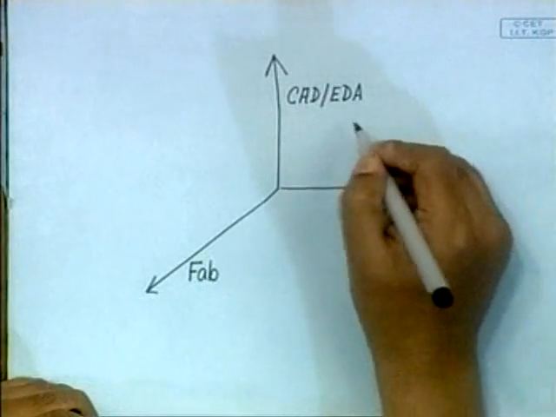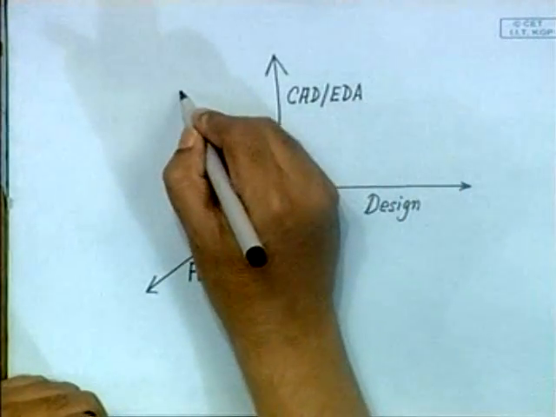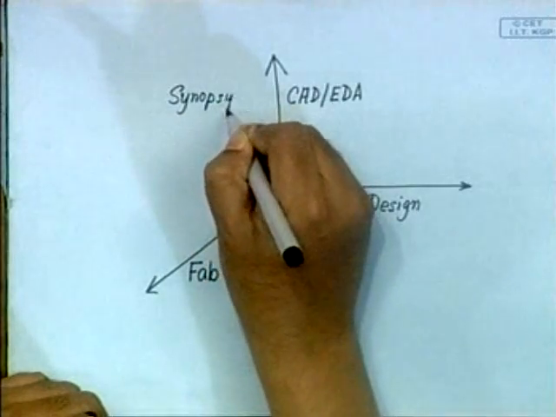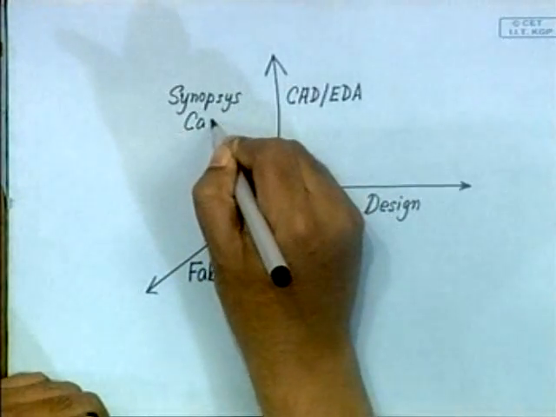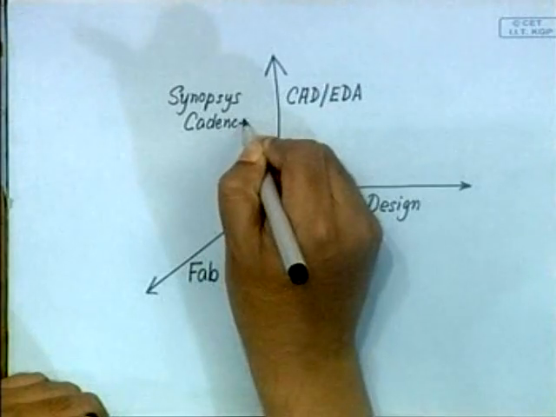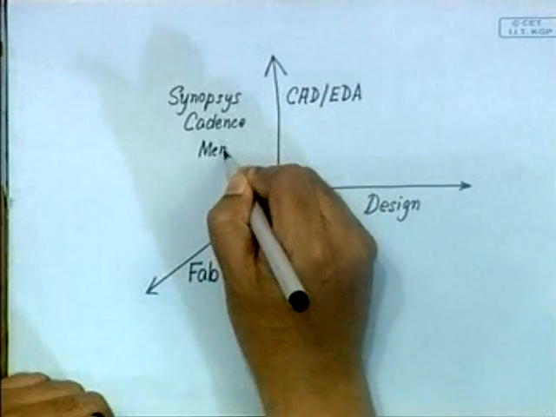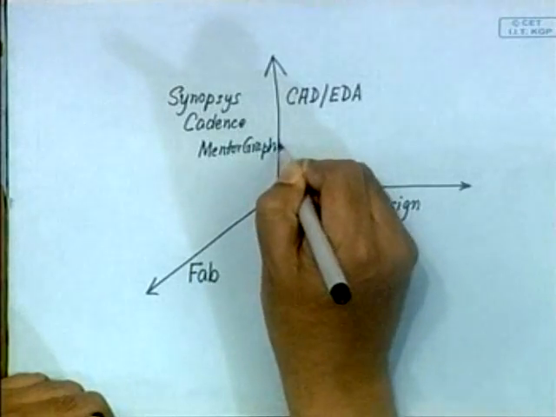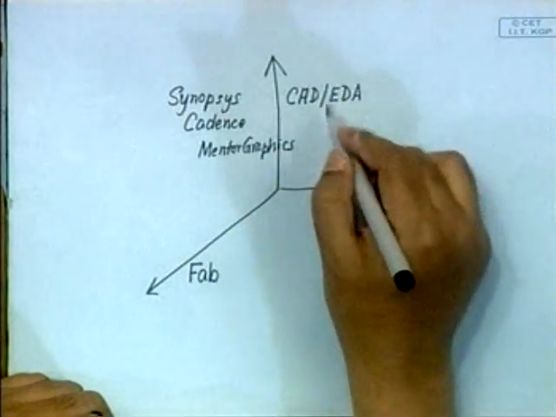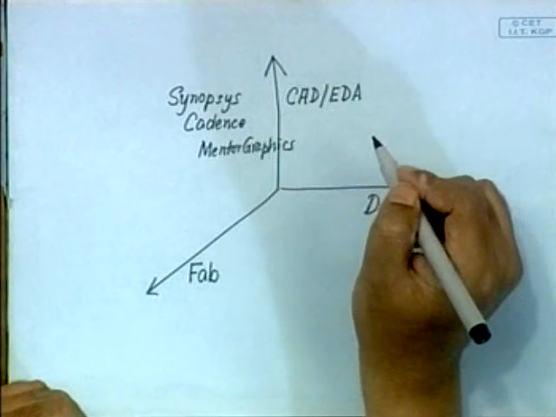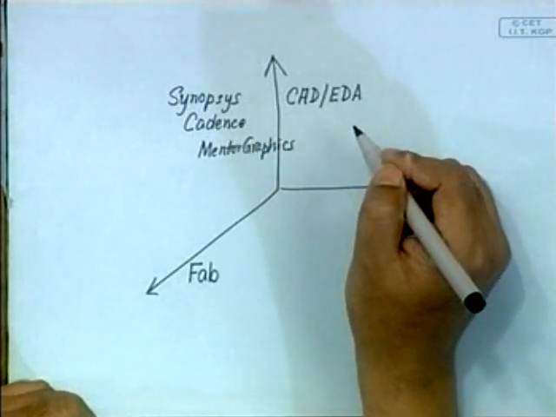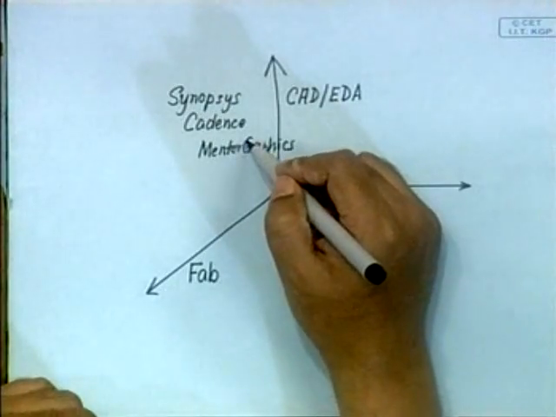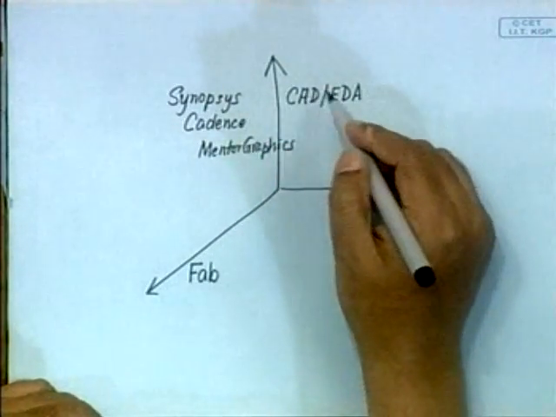What are the leading companies here? Well, you have Synopsys, you have Cadence, you have Mentor Graphics, and many others. They specialize in developing CAD tools, EDA tools, right? And they need computer scientists, they need people who understand design to be able to develop these tools.